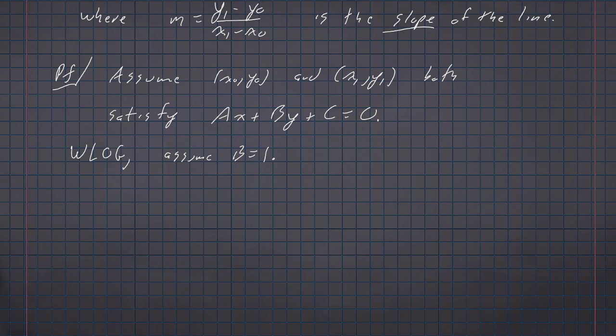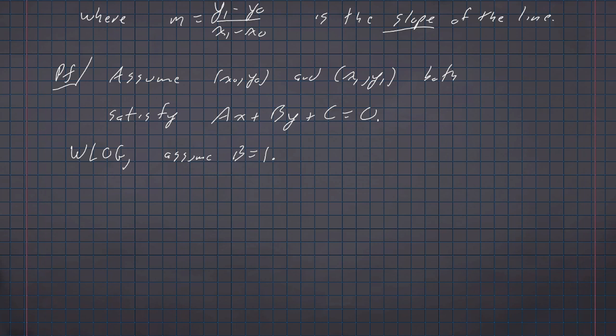And limiting is a good thing here, because for any value of b, I can multiply both sides of this equation by b. It'll give me a different value of a and a different value of c, but it won't change the equation.